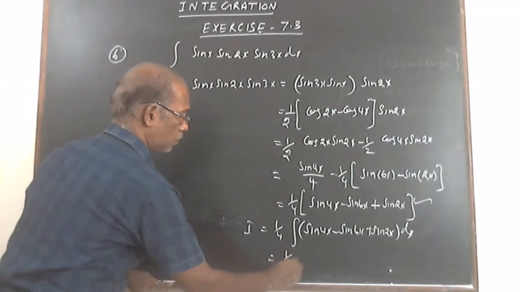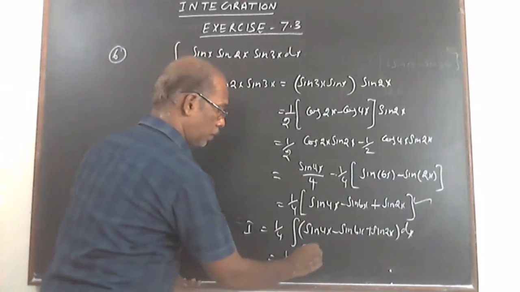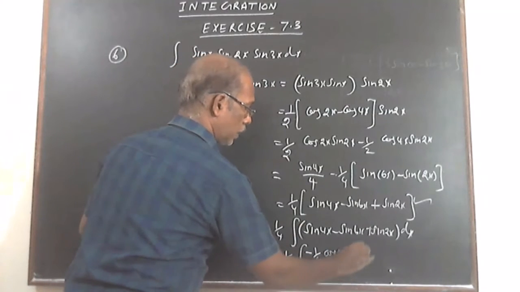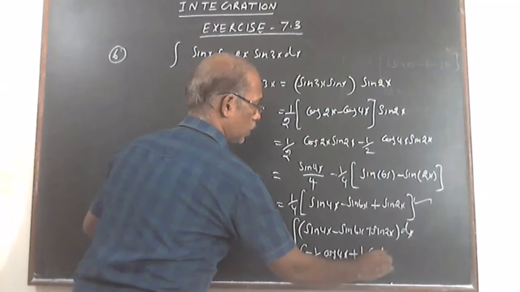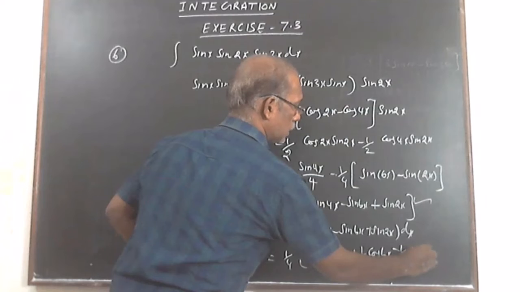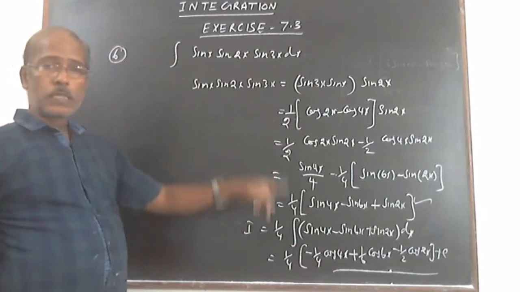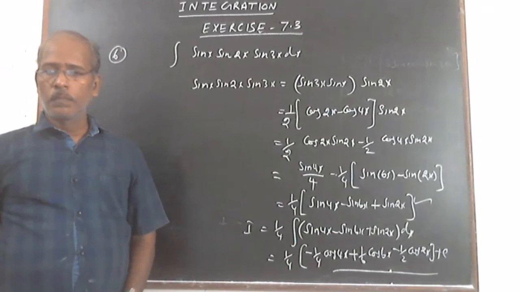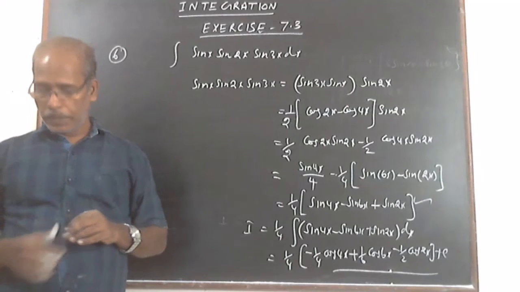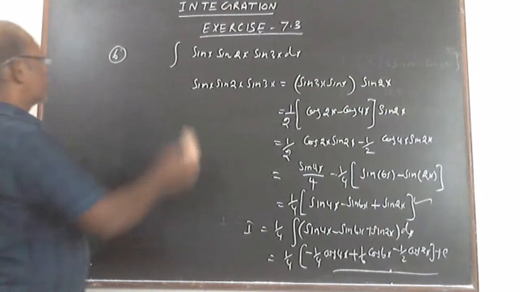Then 1 by 4 times minus 1 by 4 cos 4x, plus 1 by 6 cos 6x, minus 1 by 2 cos 2x, with the integral constant c. So this is the answer, go through it. This is question number 6 of exercise 7.3. So we'll go to the next question.